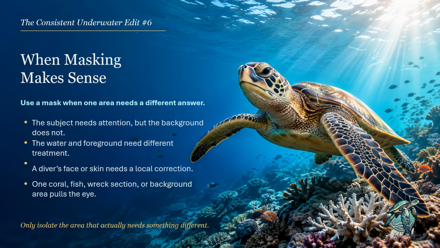Maybe a diver's face still looks wrong even though the overall color is working. Or maybe one part of the reef, wreck, or background is pulling too much attention away from the subject. In each of these cases, the photograph is mostly working. The problem is limited to one area. That is exactly where masking earns its place in the workflow.